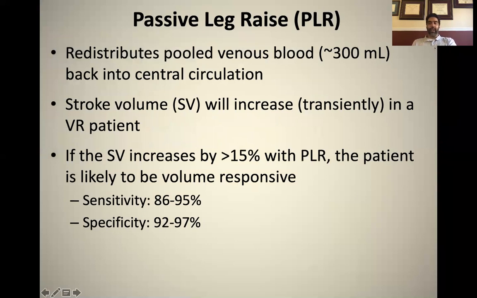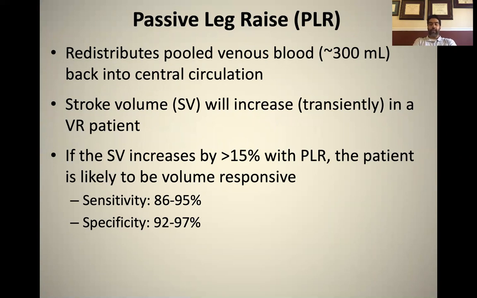The modality, though, that I think is more useful is passive leg raise. I think you know the principle behind it. You're taking pooled blood in the lower extremity venous system, and by raising the legs, you're redistributing that blood back into central circulation. It's almost like giving an intrinsic fluid bolus, a fluid challenge.